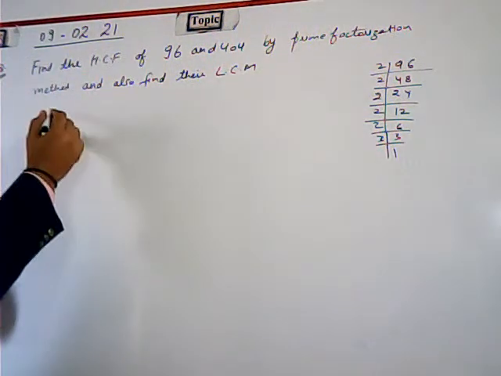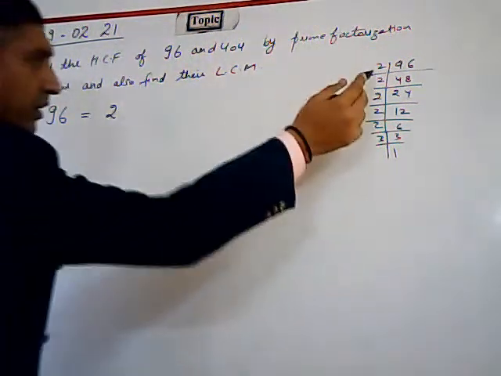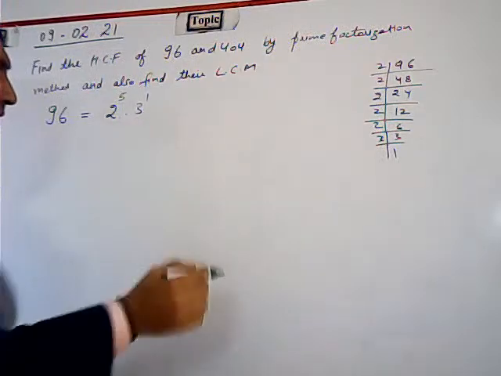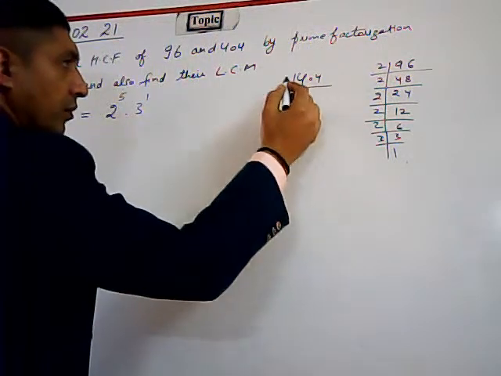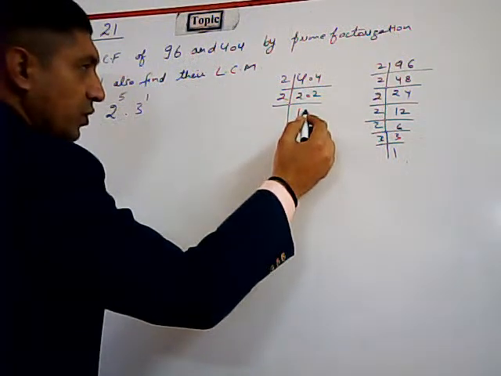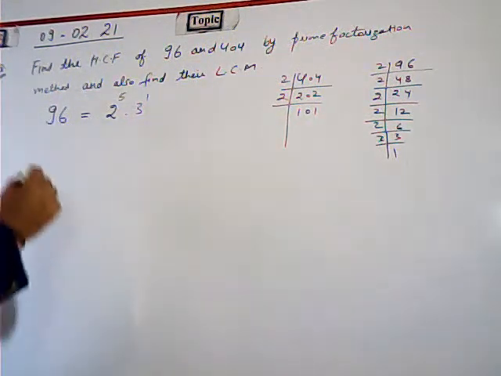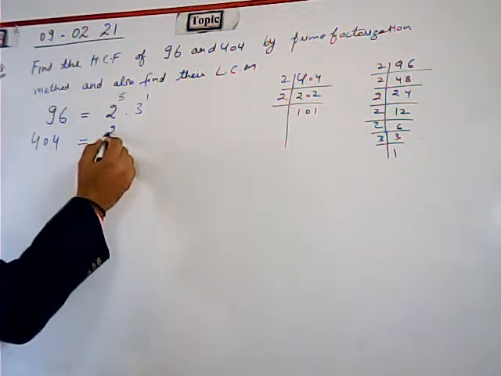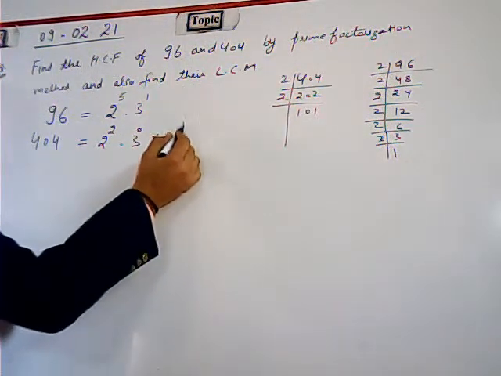So prime factorization of 96 is equal to 2 raised to power 5 into 3 raised to power 1, whereas 404 is 2 into 202, and here 2 into 101. So 404 prime factorization is 2 raised to power 2 into 3 raised to power 0 into 101 raised to power 1.